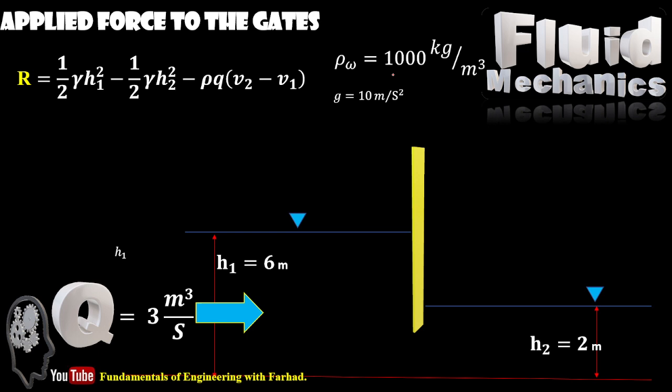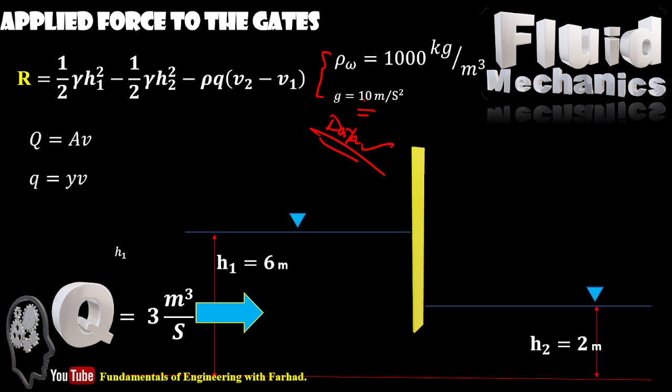we know that the rho of water is 1,000 kg per meter cubed, and G, these are provided by the problem statement, and G is almost 10 meters per square second. The exact value is 9.81, but just for simplicity, we consider it 10 meters per square second.